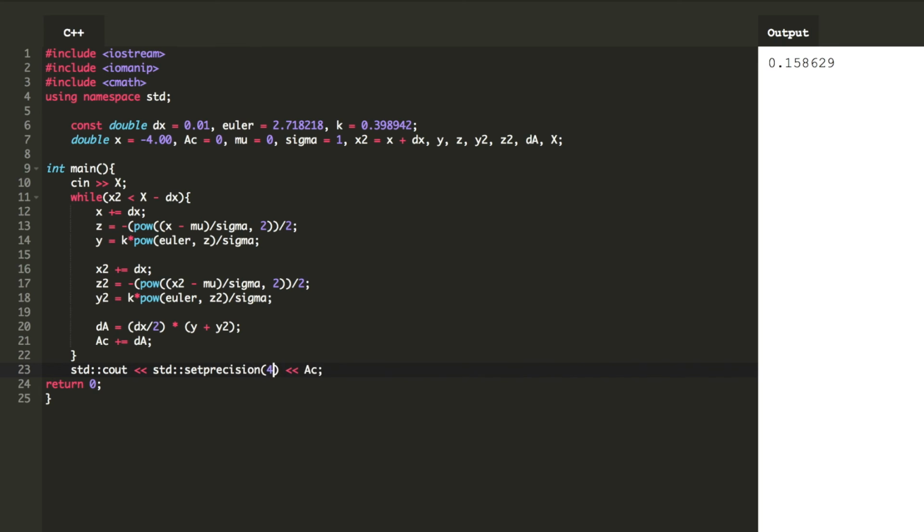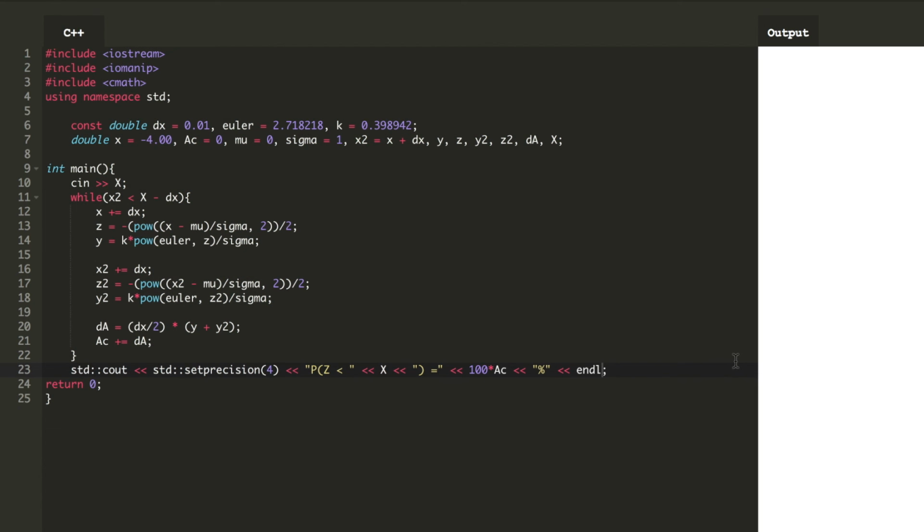Then we can add some text to say probability z is less than our user input x, then multiply our area by 100 and put percentage in text at the end and then end the line. If we run this program again, we should get a nice coherent sentence this time.